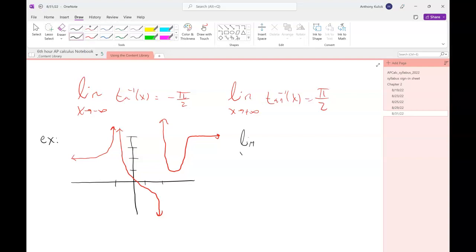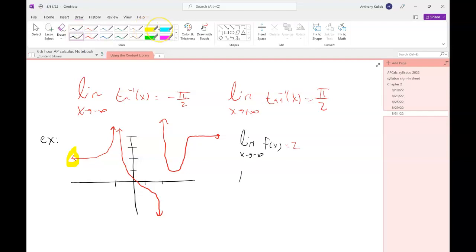All right. So the limit as x approaches negative infinity of f of x is talking about this arrow. What's that heading towards? Looks like 2. Everybody cool? Okay.